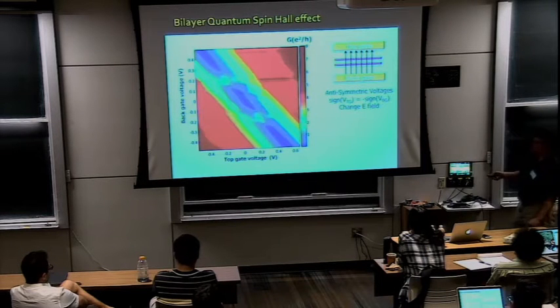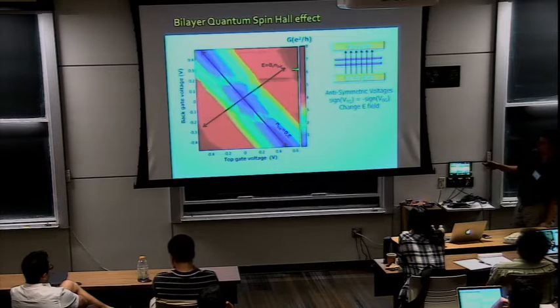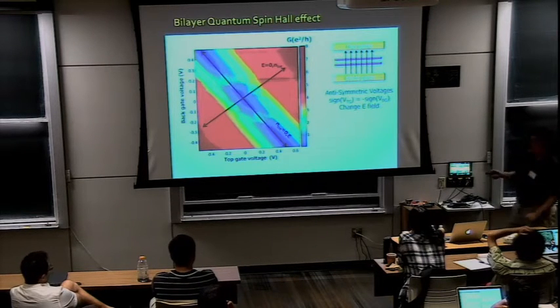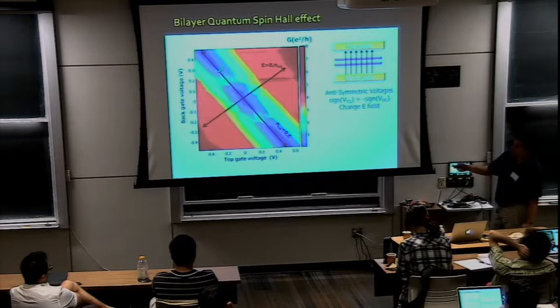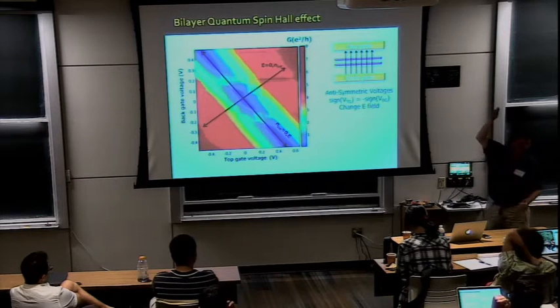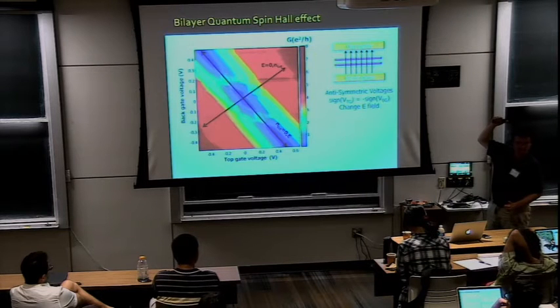So this diagonal direction is a direction in which I vary the global charge density in my bilayer graphene system without establishing an electric field between the two layers. If I move along the other diagonal, I'm applying opposite gate voltages to the bottom and the top gate. So I'm keeping overall charge neutrality, but I'm polarizing my layers with an electric field. Is this clear to everyone? This is important. Otherwise, you won't understand anything in the rest.